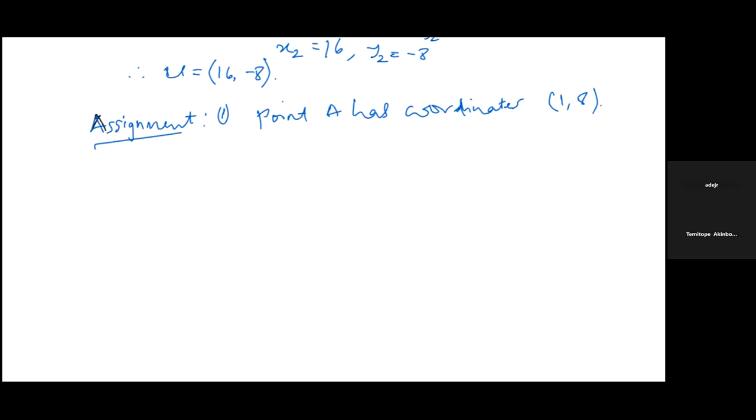The midpoint M of the line segment AB has coordinates (5, 3).